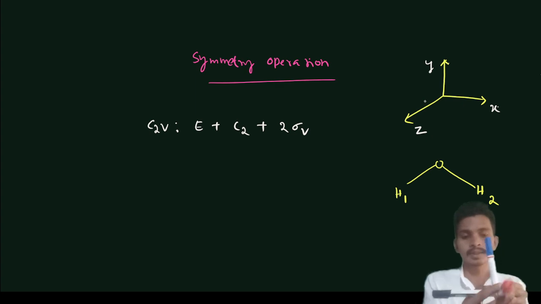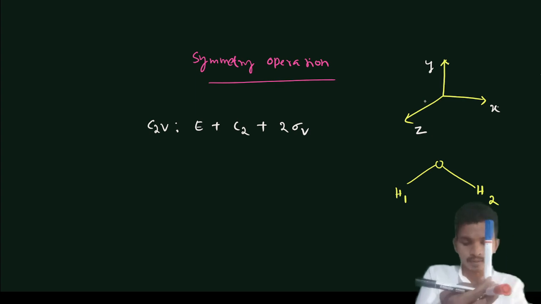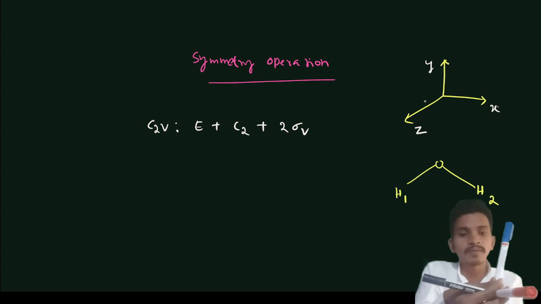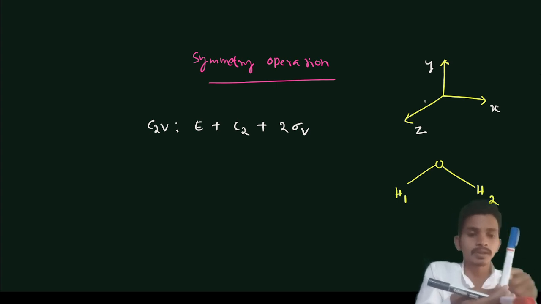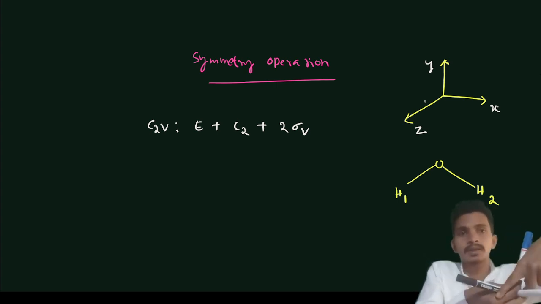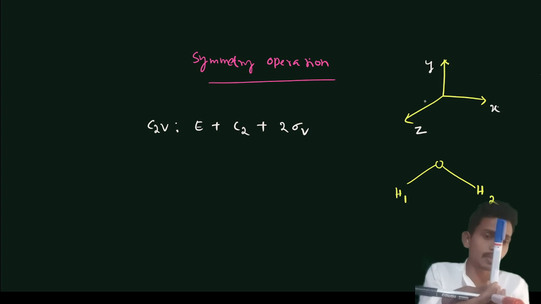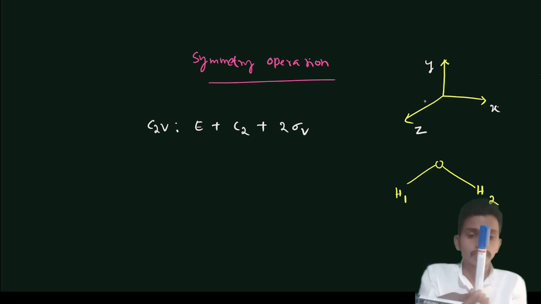So these are our three axes. All of them are perpendicular to each other. See, this is perpendicular, this is perpendicular, and these are perpendicular. Here it does not look perpendicular, but all the axes x, y, z are perpendicular to each other.